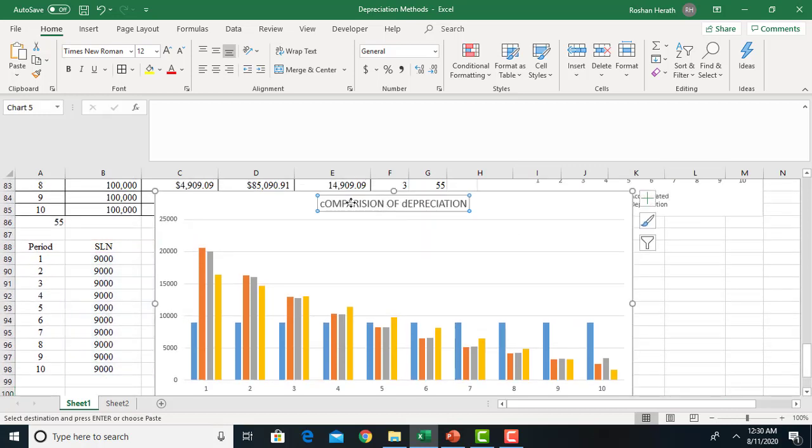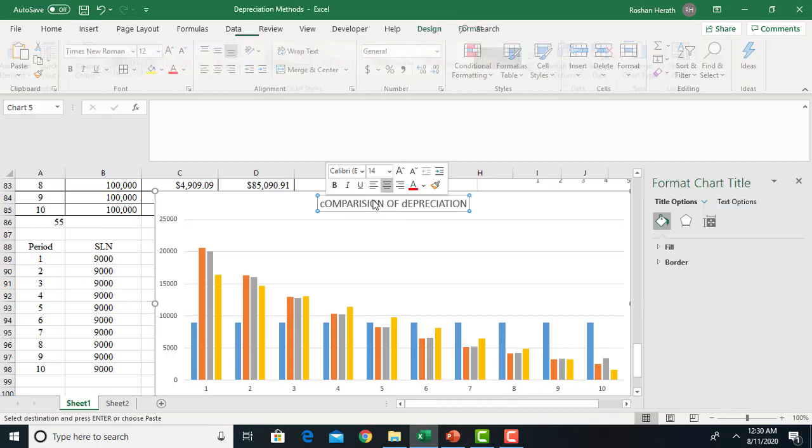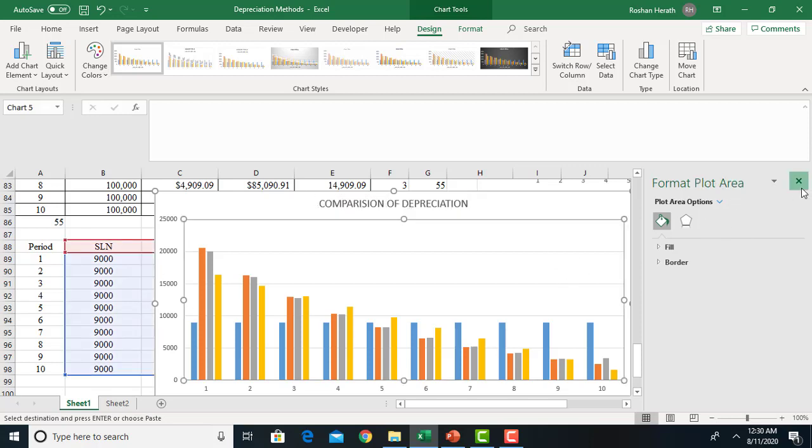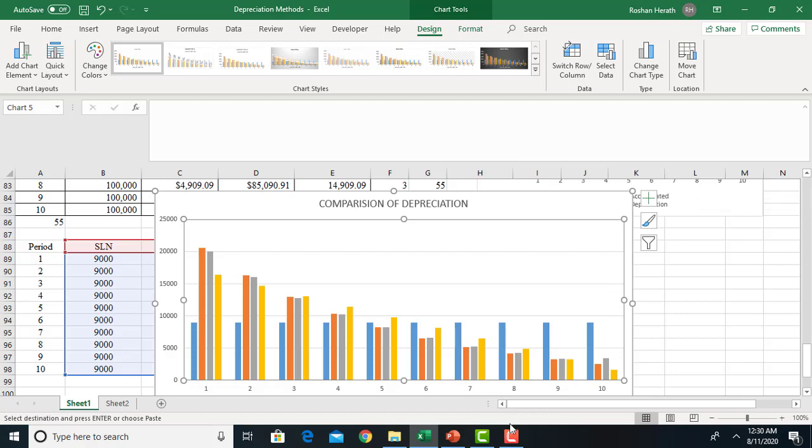So it's about the comparison of depreciation. Fine. With this note, we can finish the discussion on depreciation. Thank you.